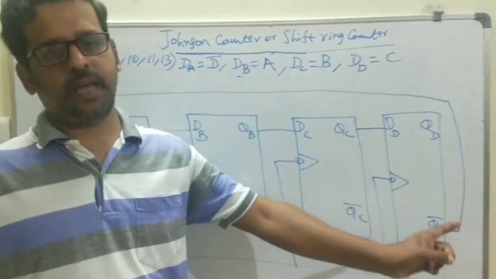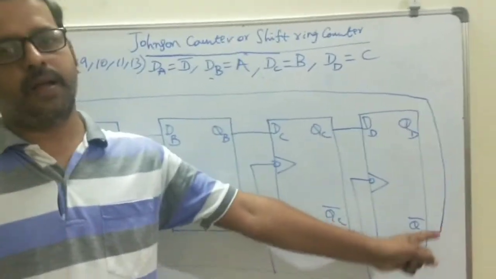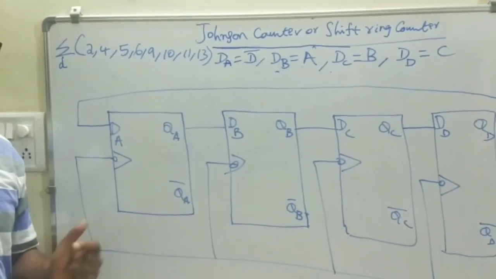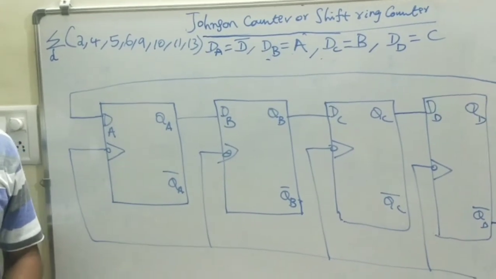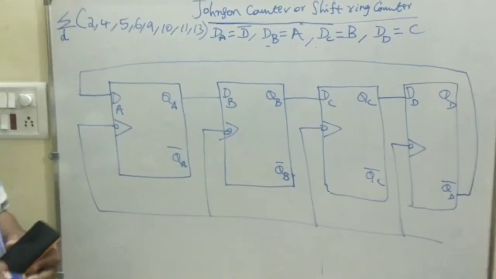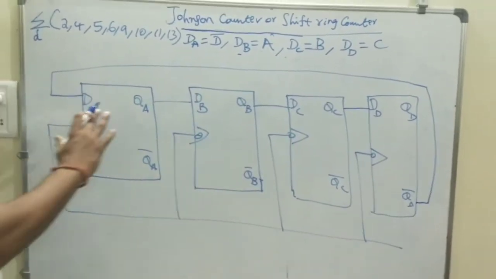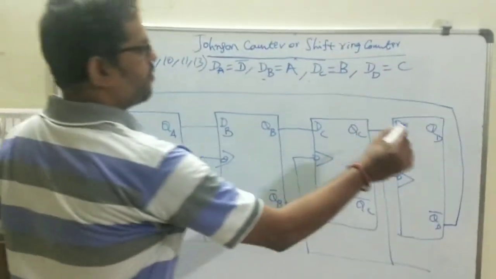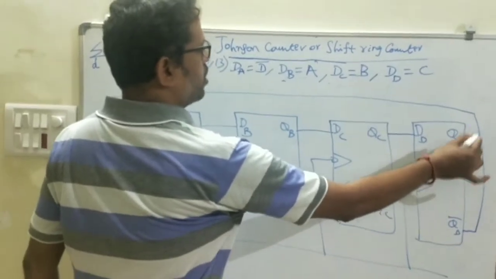That is, we are taking the complemented output from the last flip-flop and giving it as an input to the first flip-flop. That is the only difference. Otherwise, the circuit is the same. In the case of a ring counter, we will take the output of QD.